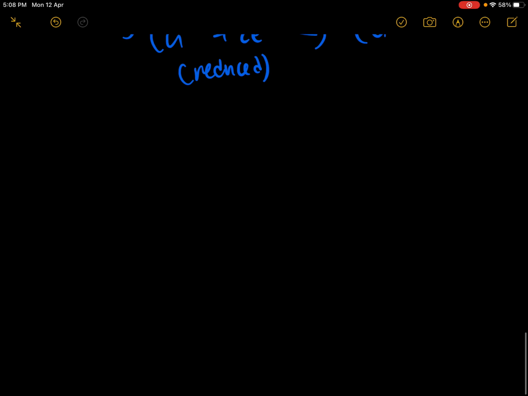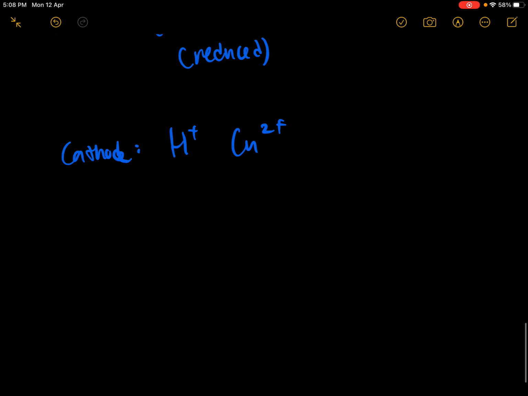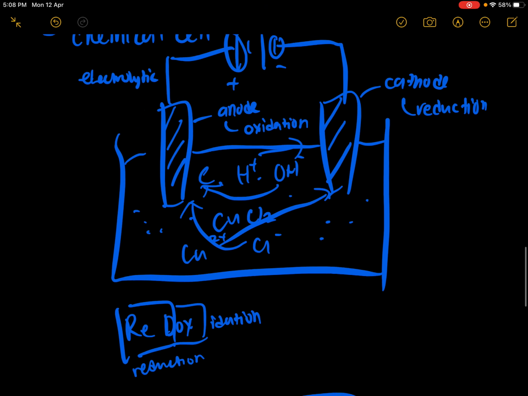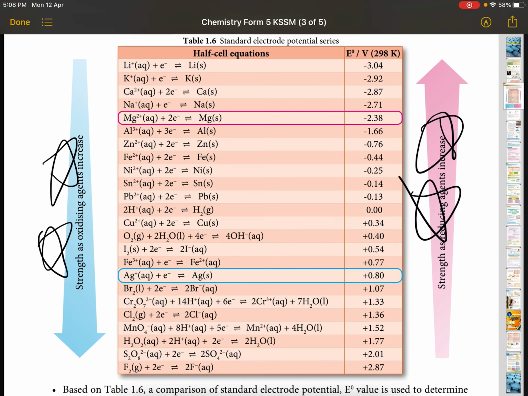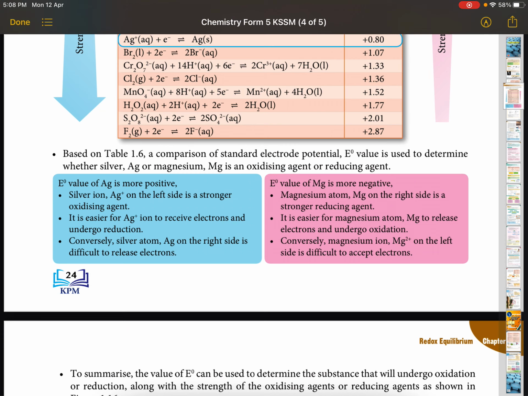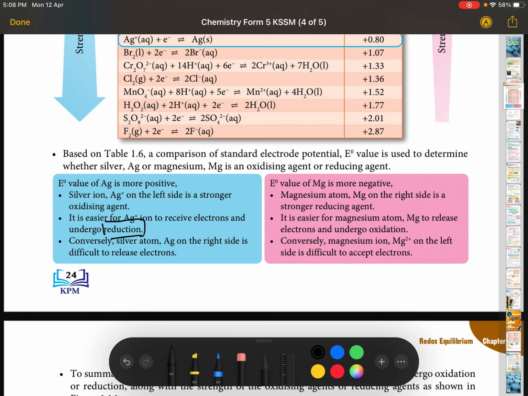The second part is knowing which one gets chosen. At the cathode, you have 2 ions, H+ ion and Cu2+ ion. Which one is going to become reduced? That's when you have to look at this very important chart here. The electrolyte has to undergo reduction, so we want to look at the part which says reduction.